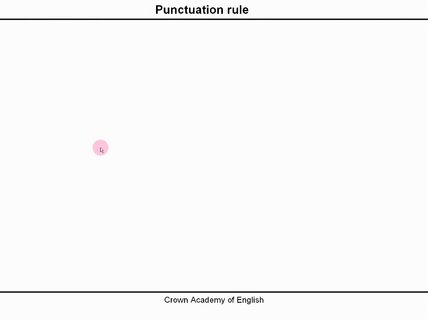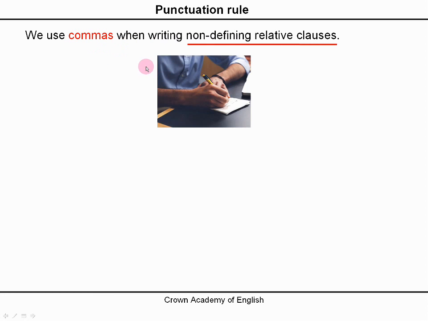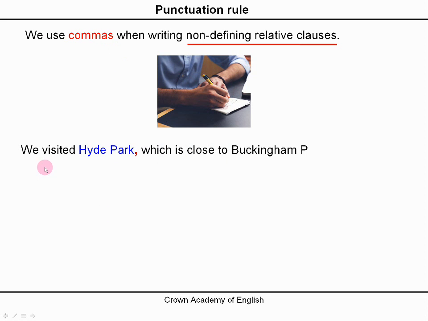Now, a very important punctuation rule for non-defining relative clauses. So we use commas when writing non-defining relative clauses. This is very important. Example. So we visited Hyde Park, which is close to Buckingham Palace. And this is the comma.